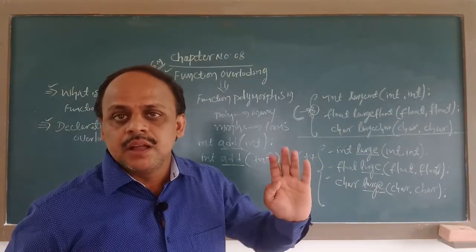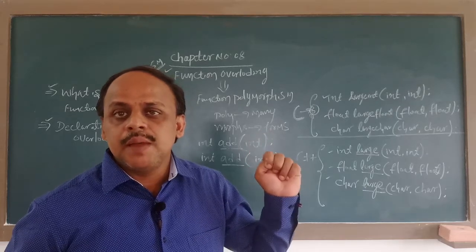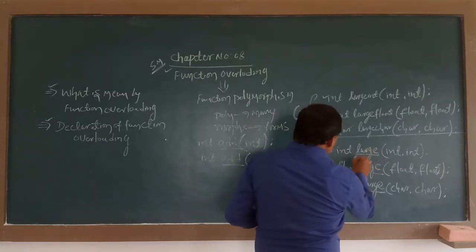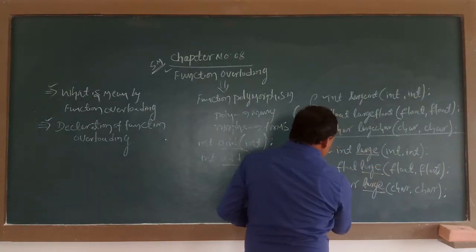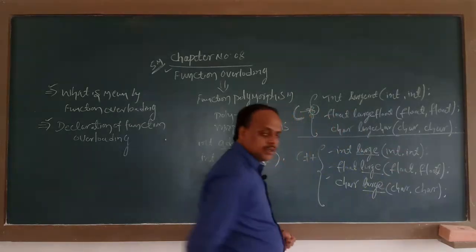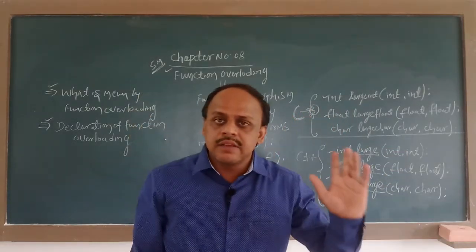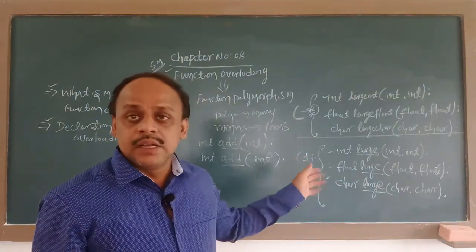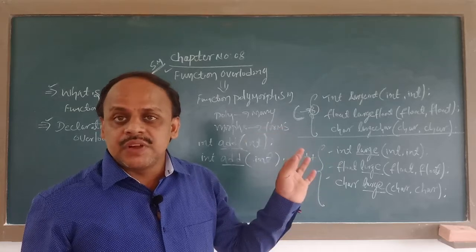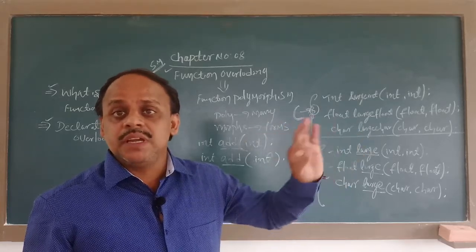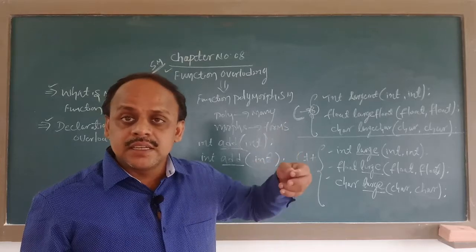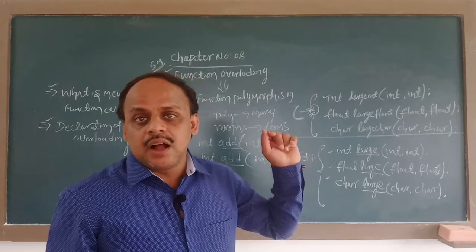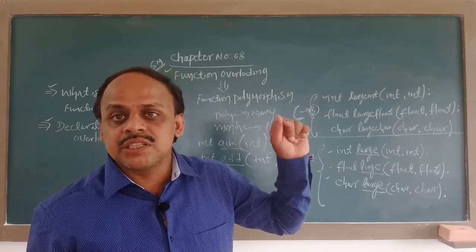First, all the functions must have the same function name. See here, the first function has the function name large, the second function has the function name large, the third function has the function name large. So the first rule is satisfied. And second, each function's parameter list must be different. That is, the declaration of argument order must be different, that is, functions must have different function signatures.